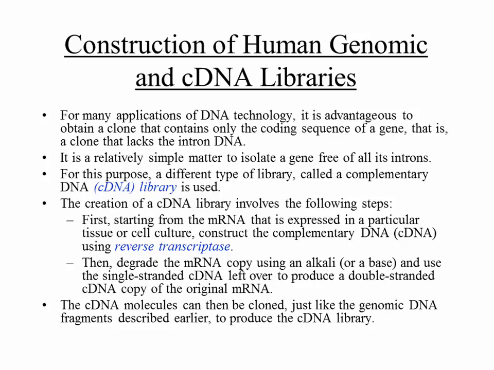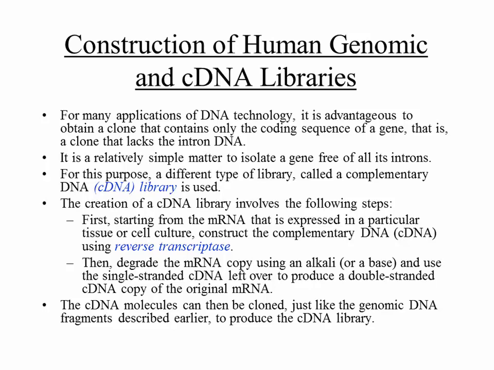So the starting point is the messenger RNA that is expressed in a particular tissue or cell culture. Expressed means that the DNA is basically being transcribed into messenger RNA. Starting from that mRNA, you construct the complementary DNA, called cDNA, using reverse transcriptase, because it's doing the reverse of transcription.